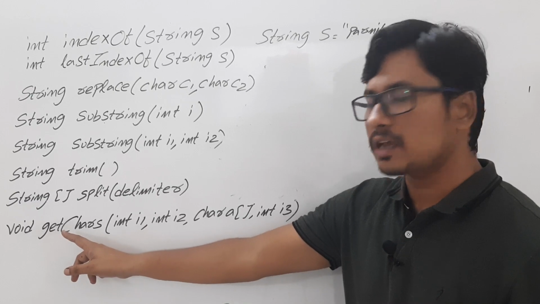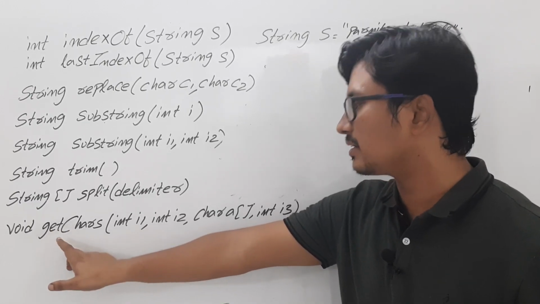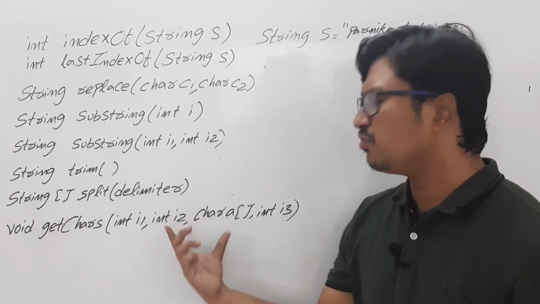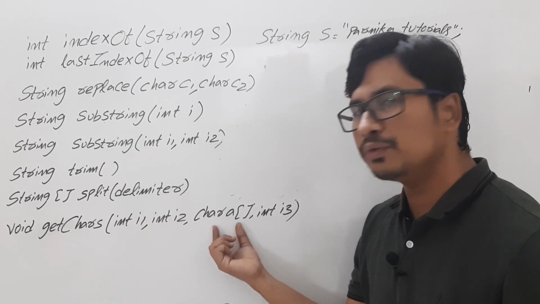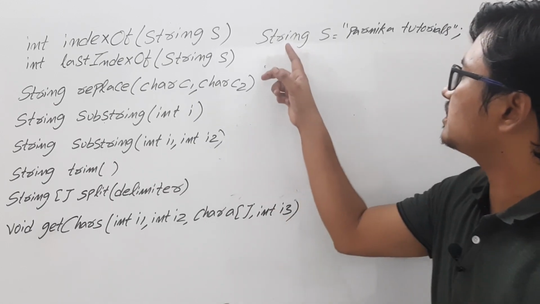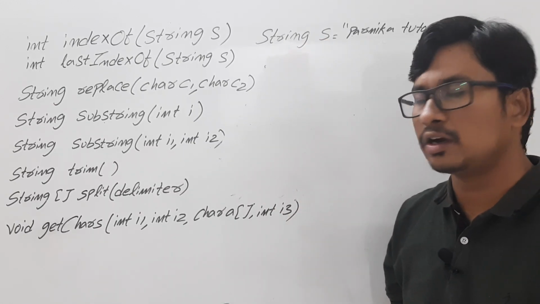Now let me discuss the getChars method, where the C is in uppercase and all remaining characters are in lowercase. It will take 4 arguments: one is an integer, another is an integer, the third is a character array, and the fourth is an integer. Let me take a string variable s having the content Parnika tutorials.